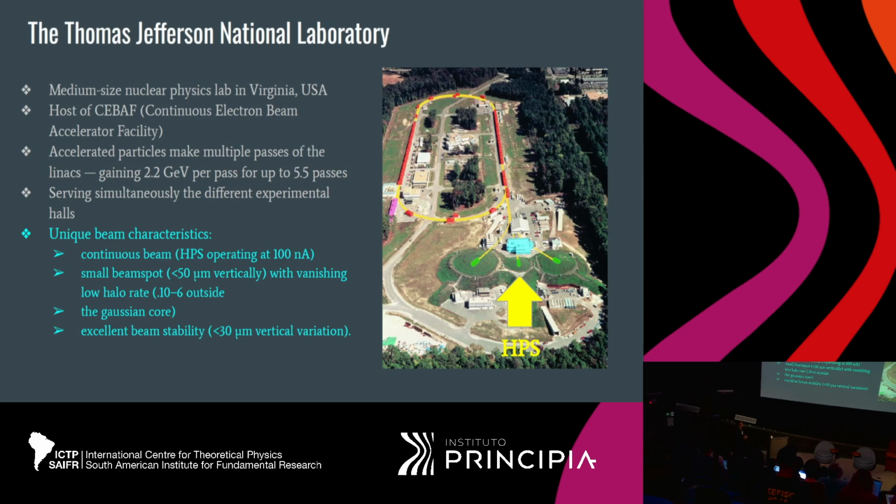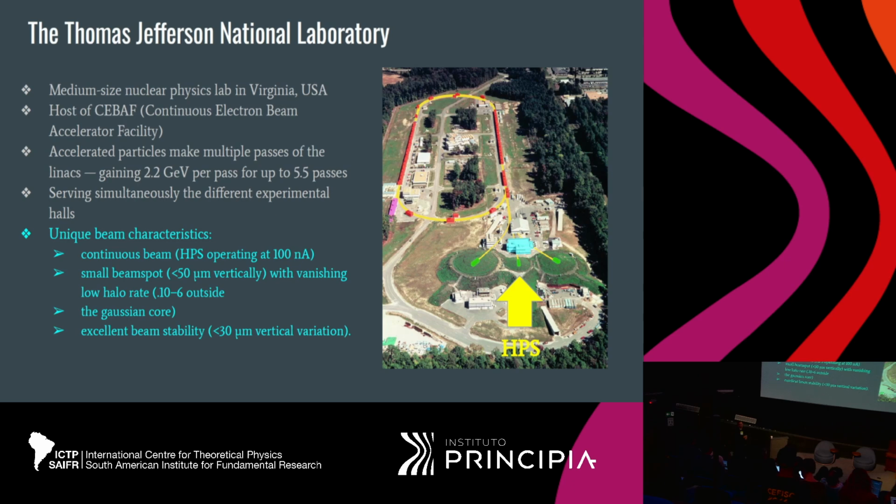It is not a circular shape, but an oval, because it is composed of two linear parts that accelerate the electron beam, and two curved parts, which just allow the trajectory to bend and reach the other linear section. So particles can make several passes within this system, and for each turn they complete within the accelerator, they gain 2.2 GeV of energy.